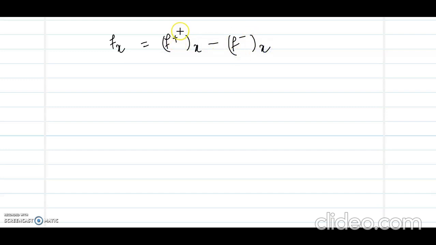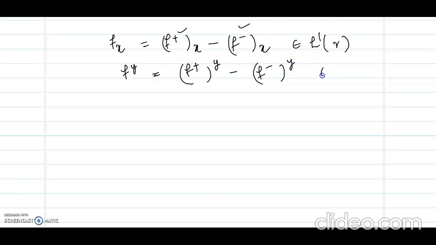Both of these are in L1 of r, so f x will belong to L1 of r for almost all x. Similarly, f y will be equal to f plus y minus f minus y, and this will belong to L1 of mu for almost all y belonging to Y. This is the first part of the theorem. So if f belongs to L1 of mu cross r, then we have shown that f x belongs to L1 of r almost everywhere, and f y belongs to L1 of mu.